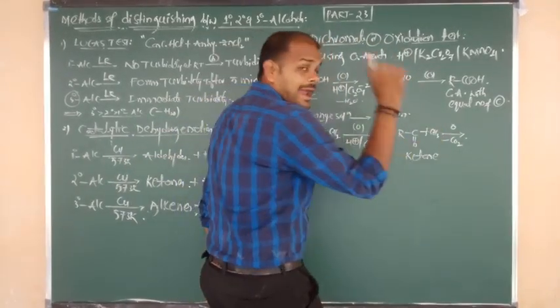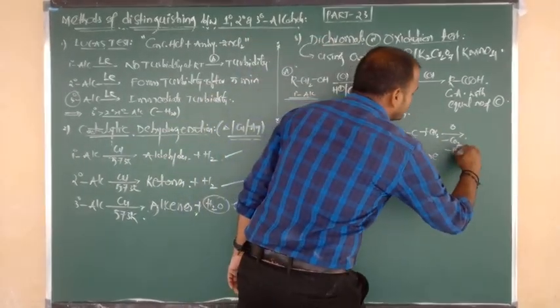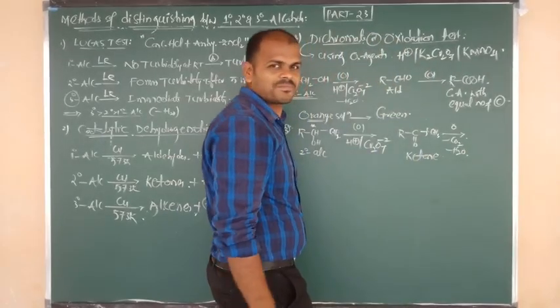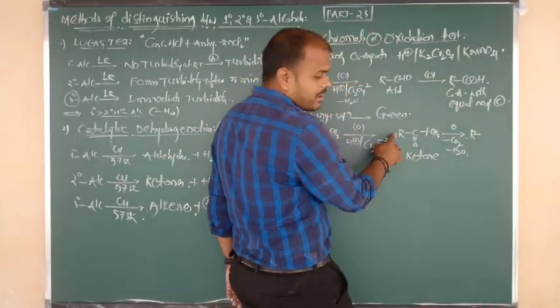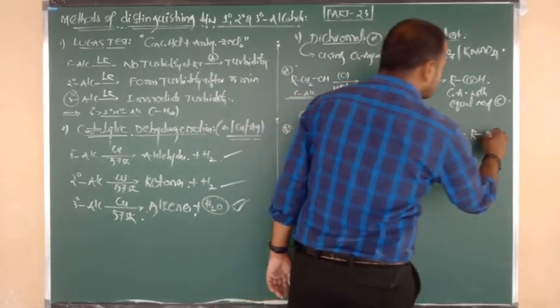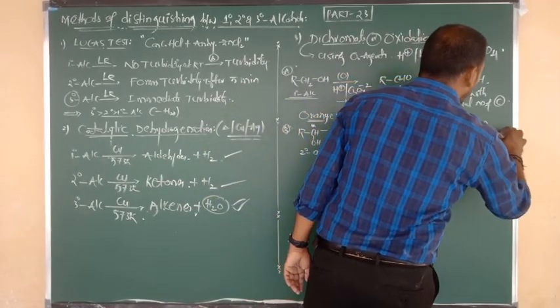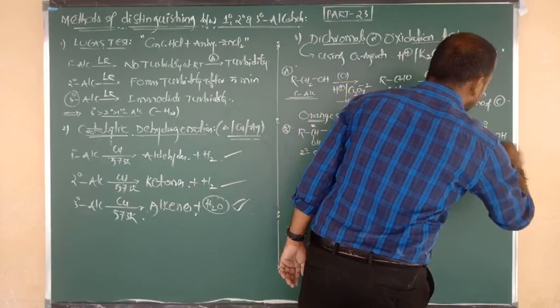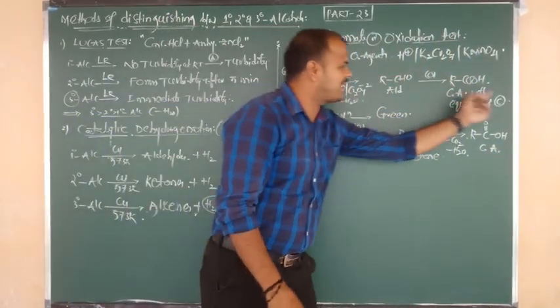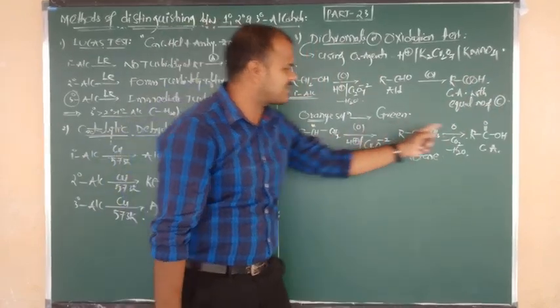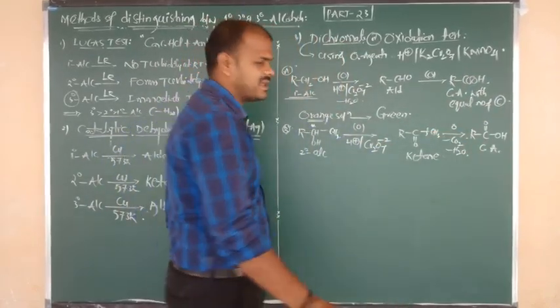In that CH3, 3 hydrogens are there, 2 hydrogens are removed in the form of H2O. And the product we get is the remaining group RC double bond O, which changes into RC double bond O, OH. Here you are getting what, beta? Carboxylic acids. Primary gives carboxylic acids, and secondary also gives carboxylic acid.